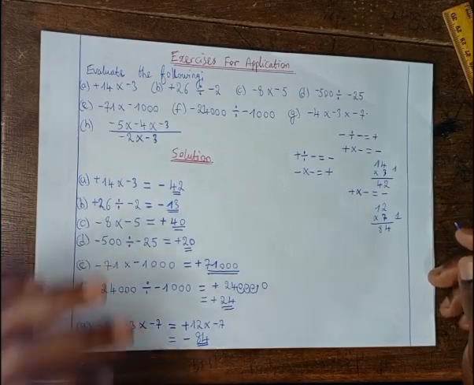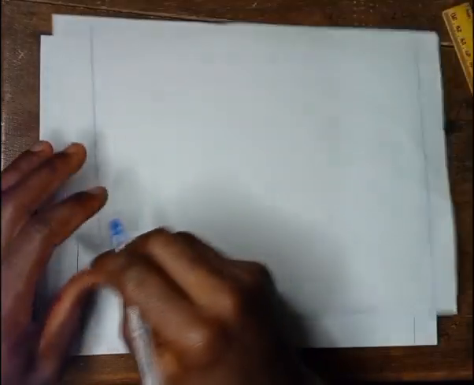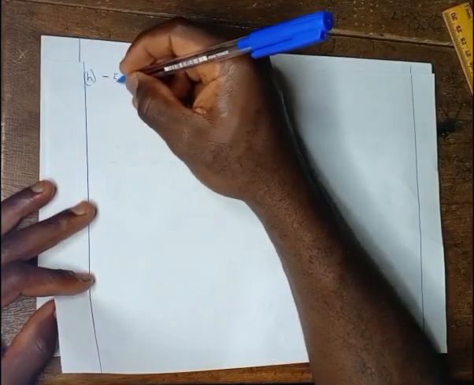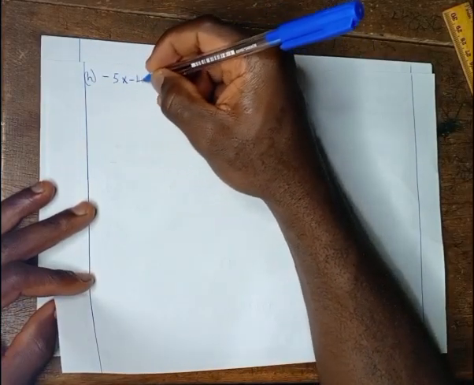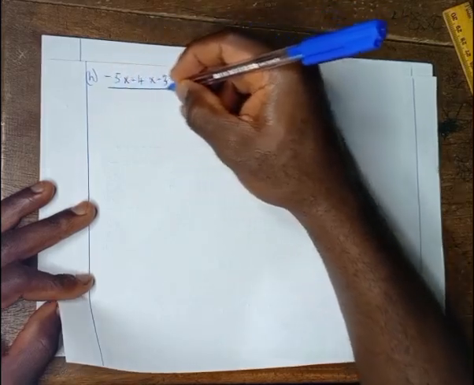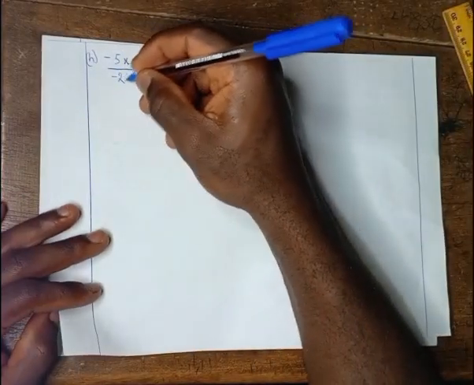Next, we are to answer question H. We have negative 5 times negative 4 times negative 3 all over negative 2 times negative 3.